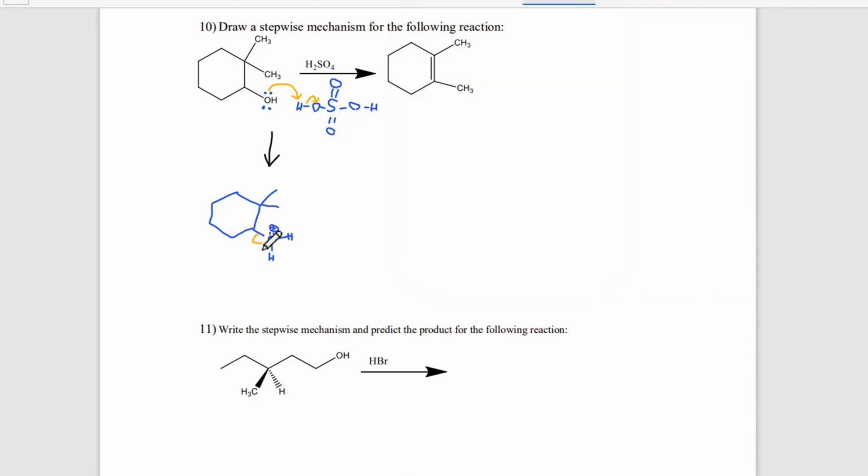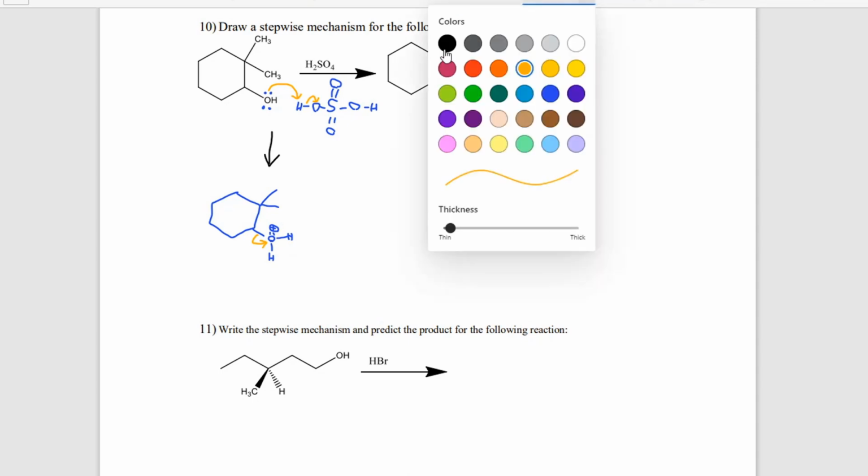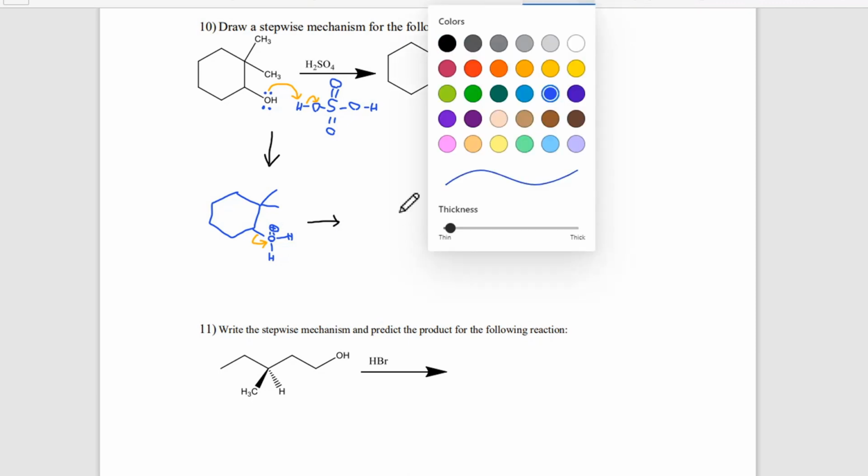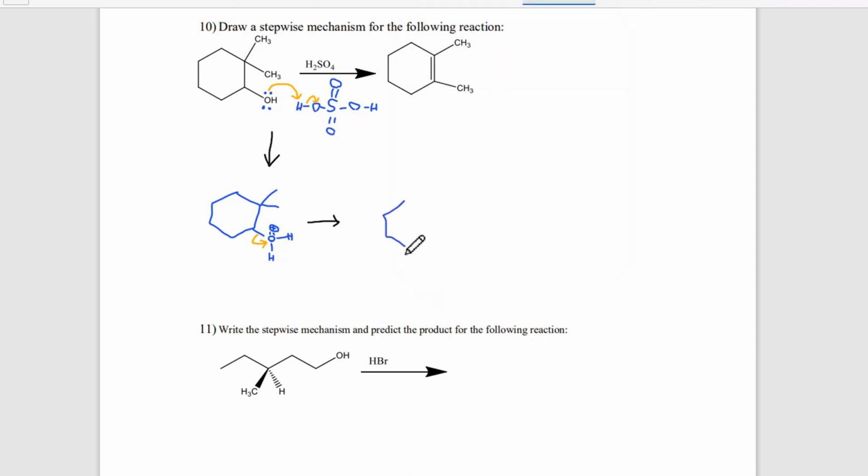They're not going to come in and attack this. This is going to have to leave on its own. And when it does, you're going to get a new molecule. Still got this, but now I have a positive charge right here.